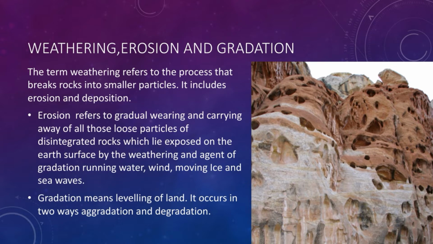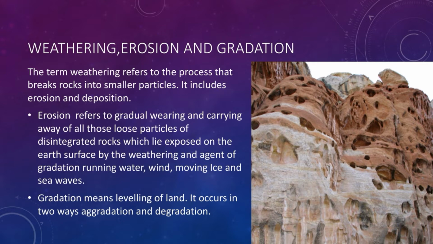Now what is erosion? Erosion refers to gradual wearing and carrying away all those loose particles of disintegrated rocks which lie exposed on the earth's surface by the withering and the agents of gradation. For example, running water, wind, moving ice and sea waves. So one more time I am going to revise it again. What is erosion?